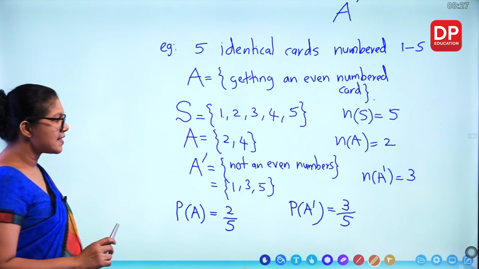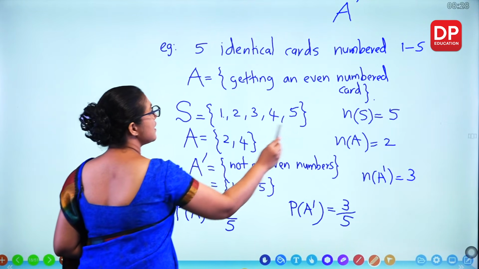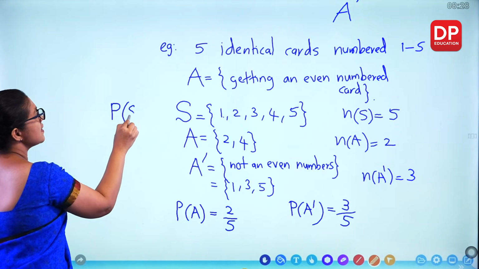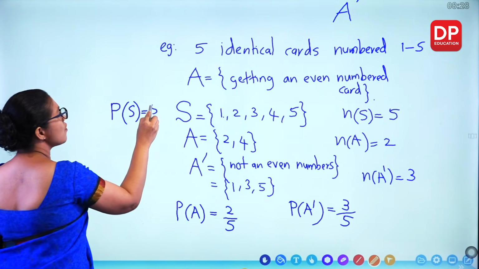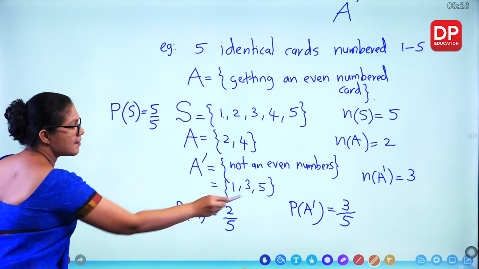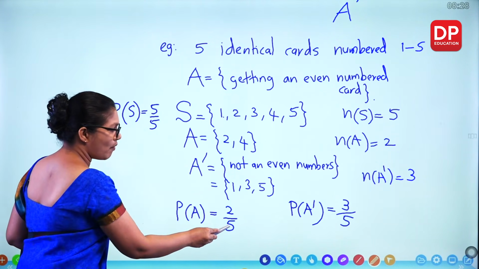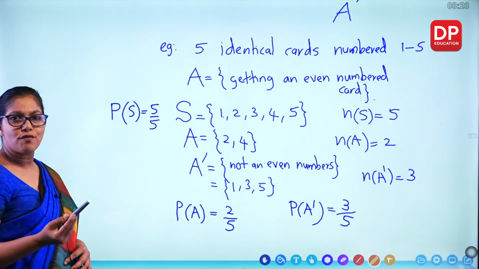Now we'll see what's the relationship. If you take the probability of getting the sample space, what you get? 5 outcomes over 5. See what's the relationship between these three. 2 over 5 plus 3 over 5, we get 5 over 5.